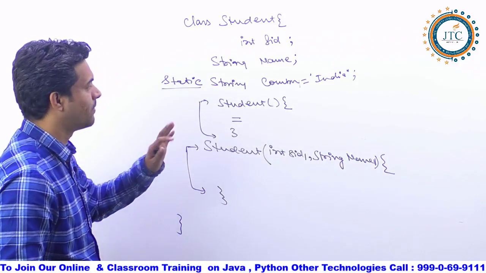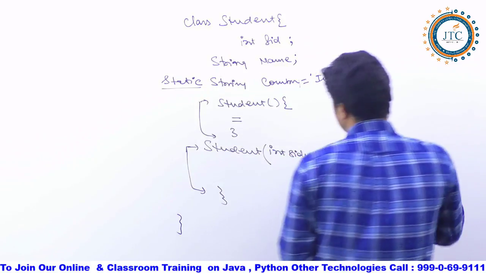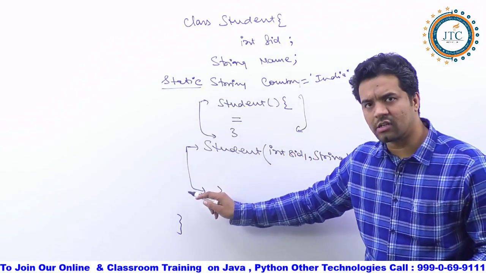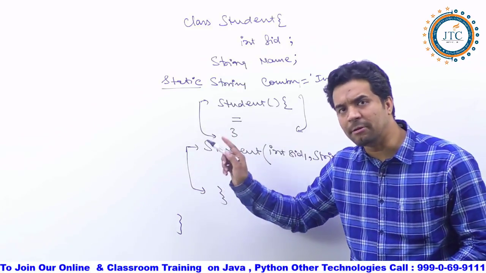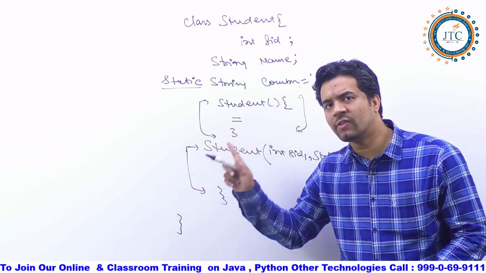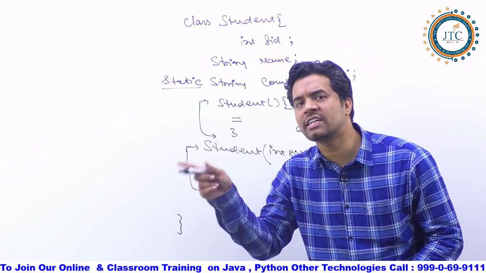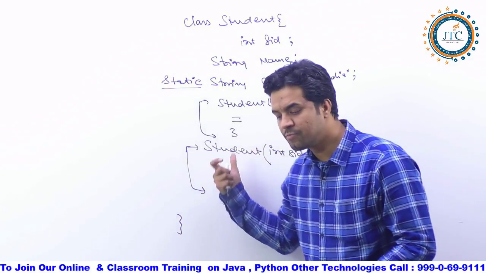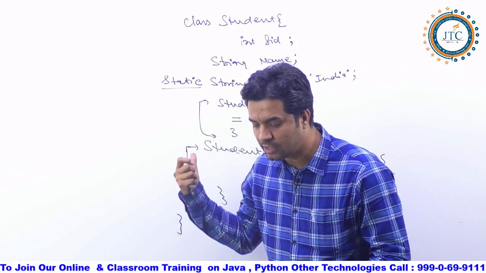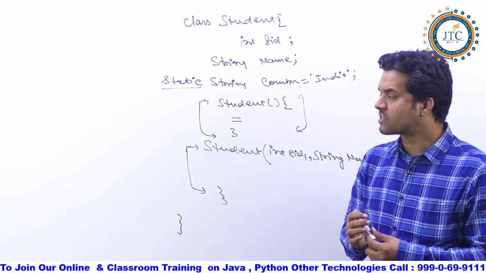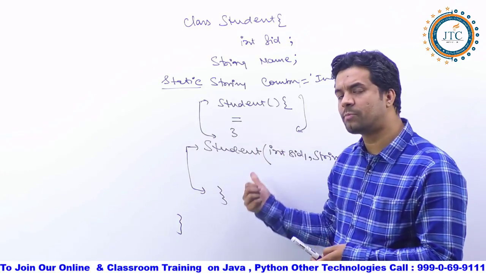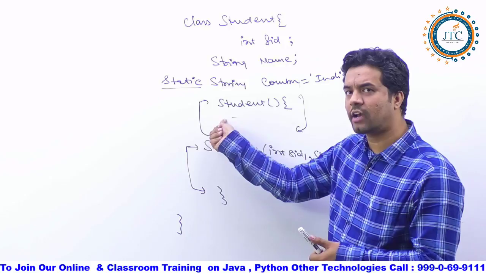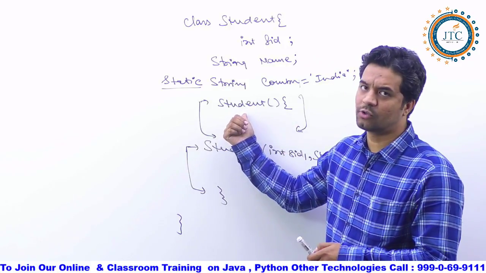Either this constructor or this constructor will be processed only when you create the object of a class. If you do not create any object of a class, then these constructors are not going to be processed in any way, correct? If you create the object of these classes, then only these constructors are going to be processed.